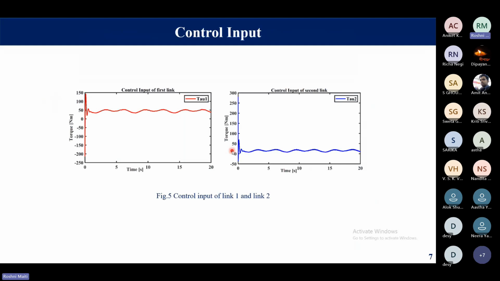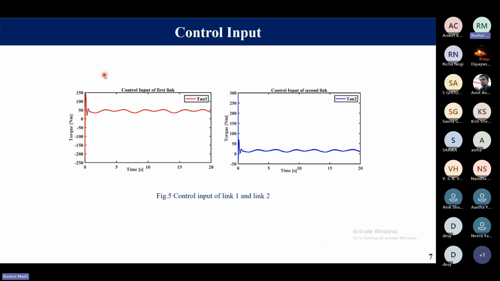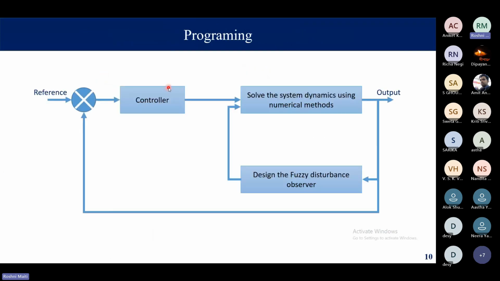Here the model is given by the state vector q, then q dot, q double dot. So these are differential equations. We have to solve that differential equation and find the value of q, which is our state, and y will be equal to C into x. From that we can get our output. So ultimately we have to solve that system. After solving that system, we have our output in our hand.